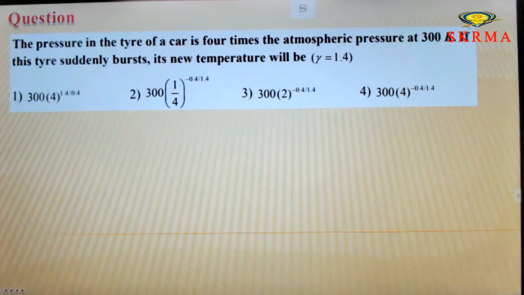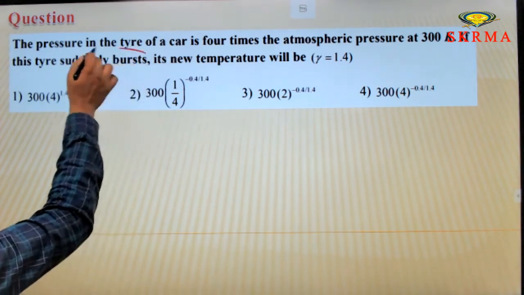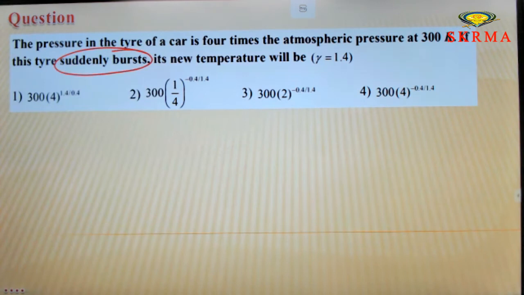Next one. The pressure in the tire of a car is 4 times that of atmospheric pressure, at 300 Kelvin. If this tire suddenly bursts, then the new temperature will be. Sudden burst means which concept we need to consider? Adiabatic process.